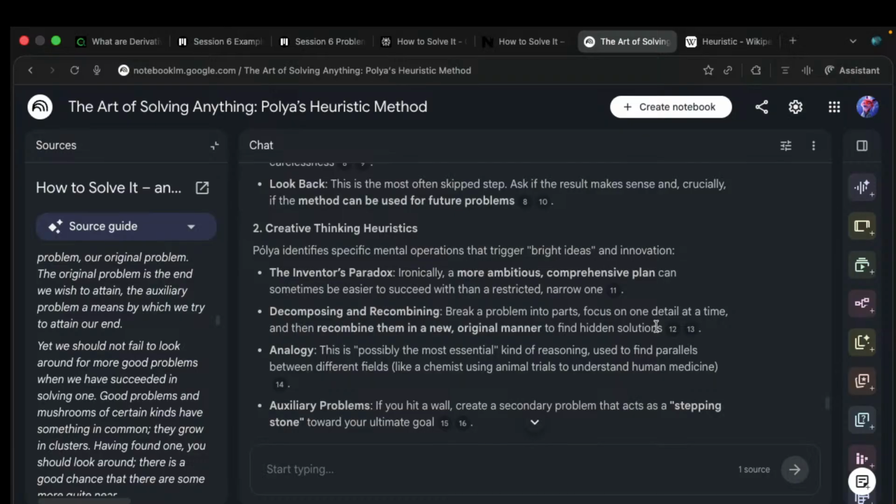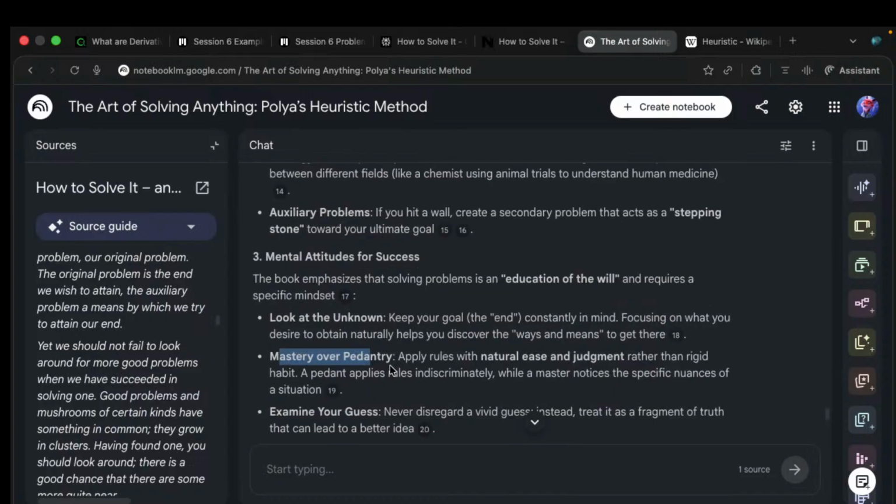Okay, this is actually a good way to break down the things. So, mental attitudes for success. Look at the unknown. Keep your goal constantly in mind. Mastery over pedantry. Apply rules with natural ease and judgment rather than rigid habit.